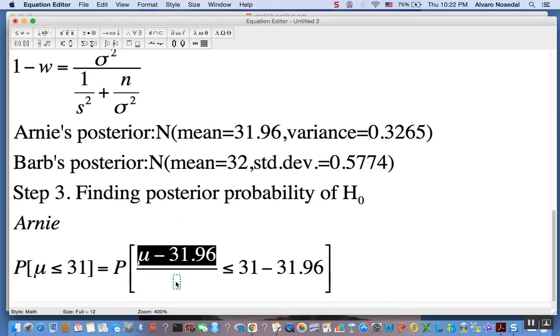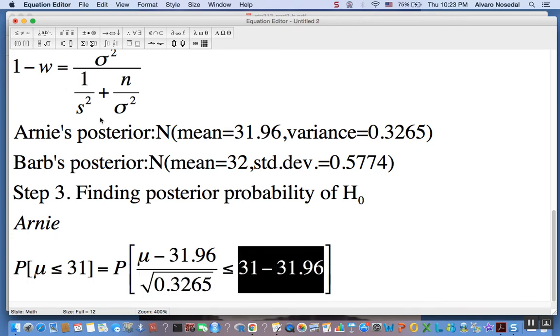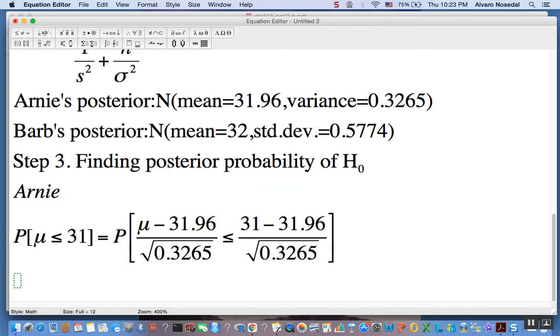When we standardize, we have to divide by the standard deviation. So in this case, we would be dividing by the square root of 0.3265. So by doing that, what we have here is the probability that the normal 0, 1 is less than or equal to something. Let's do it using R.